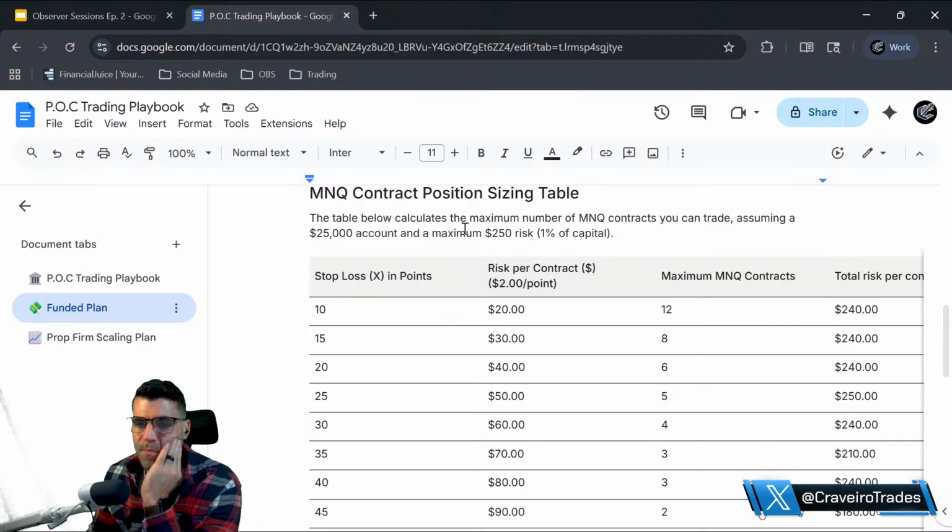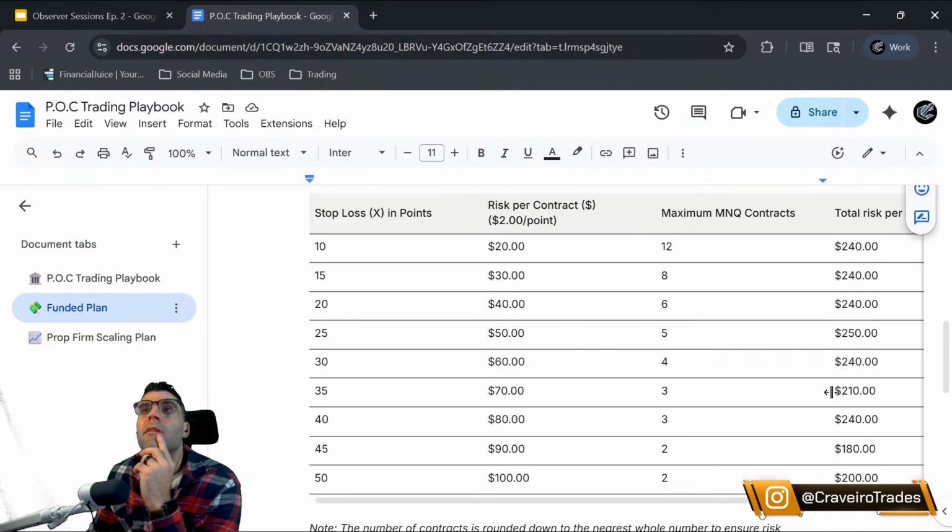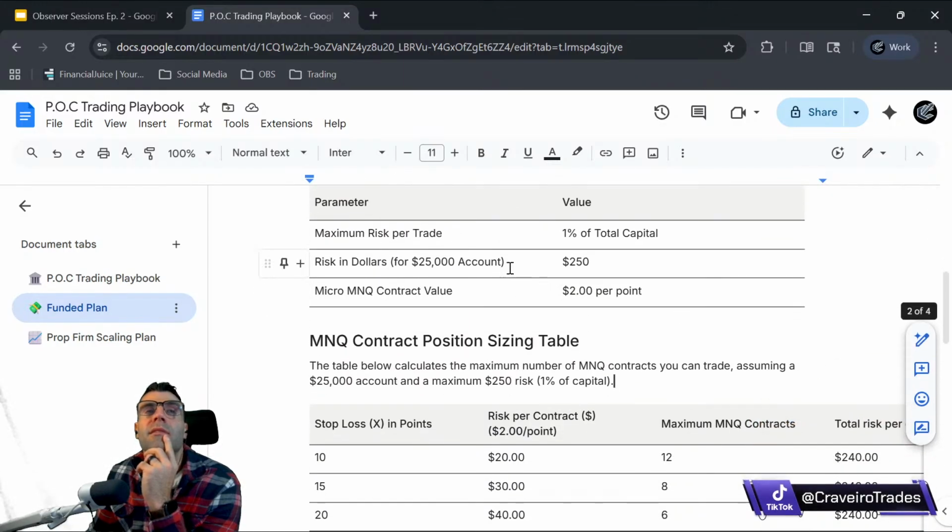So in here, we have a position sizing guide, okay? The NASDAQ pays you $2 per point.